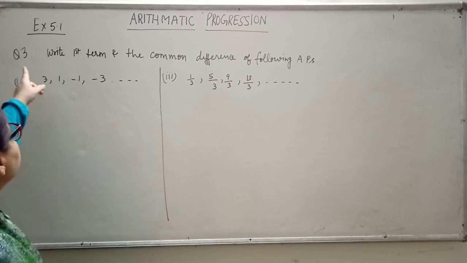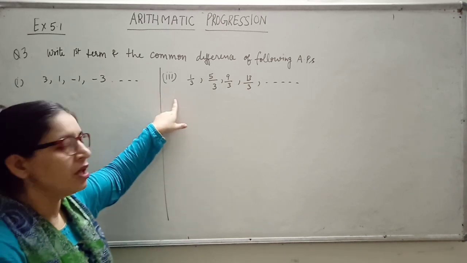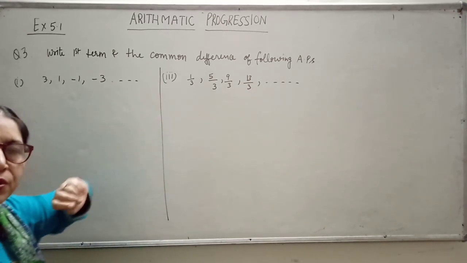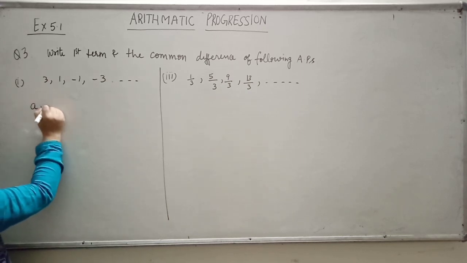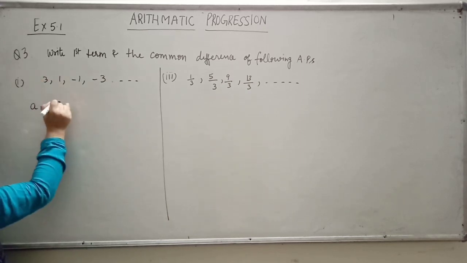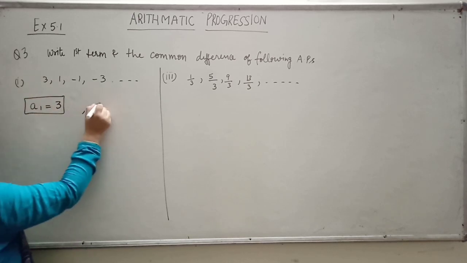And students, in question number 3, different APs have been given, and you are to find out the first term and the common difference of these APs. There are 4 parts in this question number 3, but I have written only 2 parts, first and third. The remaining 2 parts you have to do yourself. Okay, let us do it. So what is A1? The first term is 3, so highlight it. And what is A2?